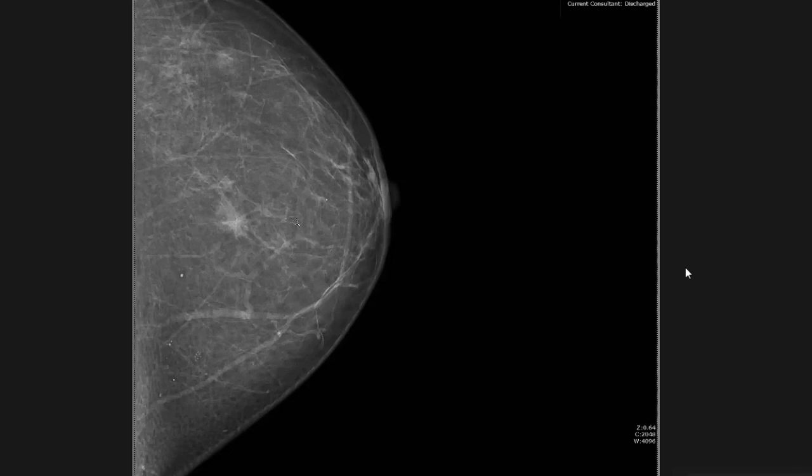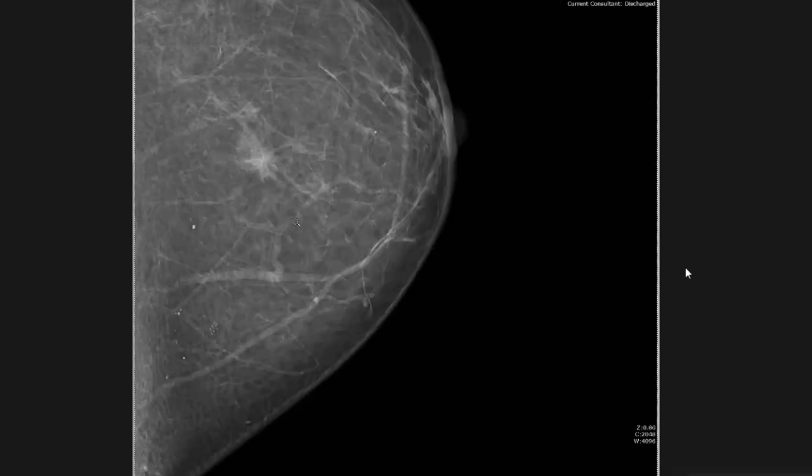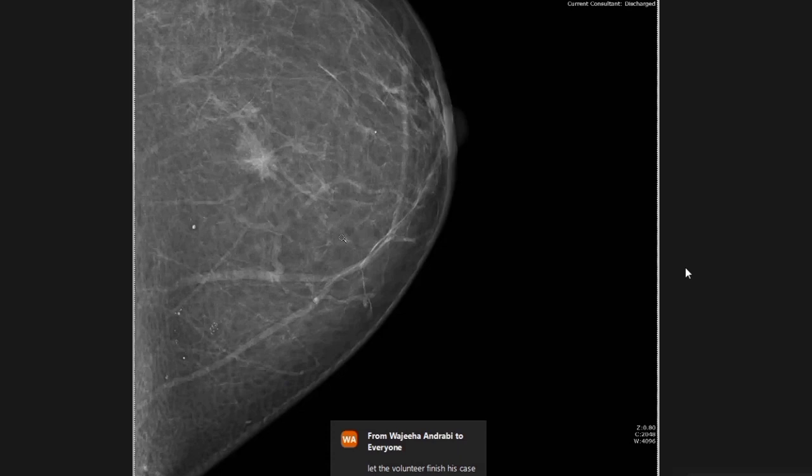Okay, in the CC view of the left breast, I can see that the same lesion which I described on the MLO view is centered in the center of the left breast, and it is well defined. However, poorly circumscribed. I cannot really draw around it, so it has got some spiculated margins.